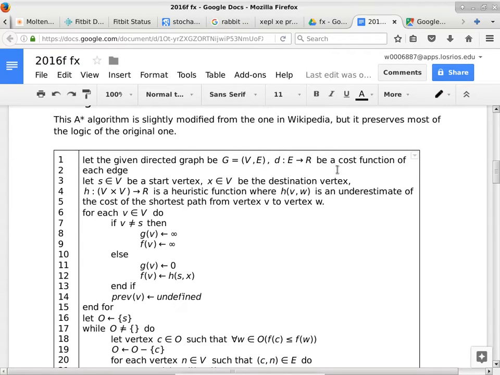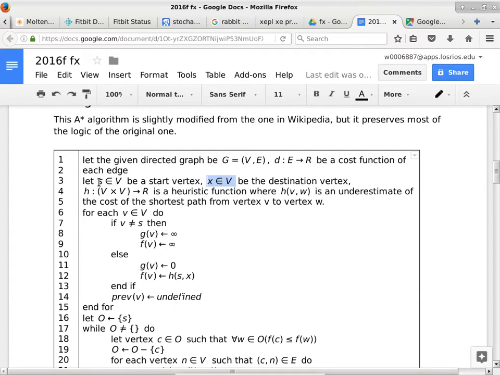So we are using functions again, because a function is a very practical, utilitarian concept, and we can use it in many situations. Anytime we have something to map to another set, a function can potentially be used. Okay. We also want to designate a particular start vertex and a particular destination vertex.